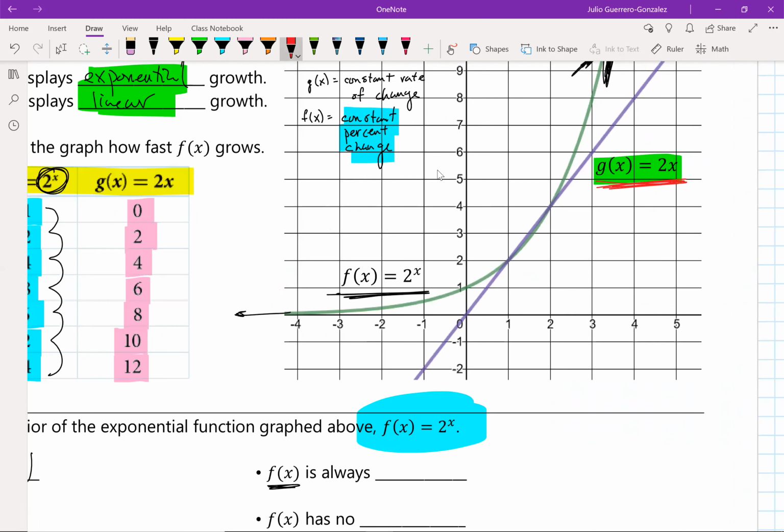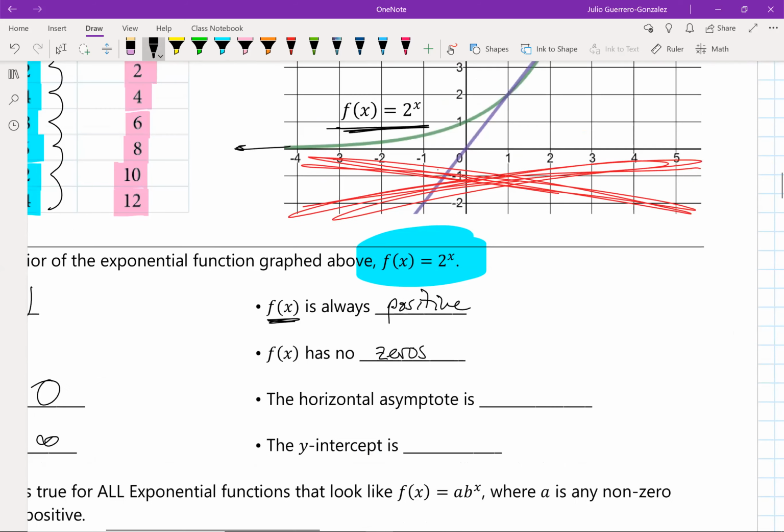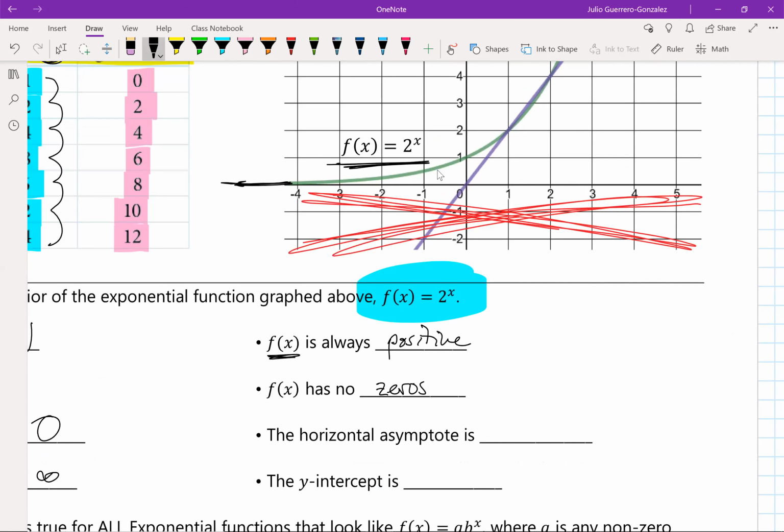It'll never show up down here, ever, at least this version of it. Does it ever look like it's going to cross the x-axis? No. It's going to be asymptotic the whole time. It'll get closer and closer to 0, but it'll never touch it. Got it?